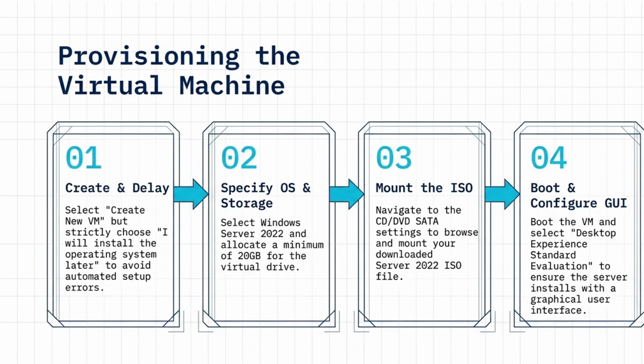Then you can mount your ISO in the CD/DVD settings. It will be there on the GUI as you'll be doing it. Then the fourth step is to boot and select Desktop Experience. Remember the Standard Evaluation for the full GUI experience. If you don't select that one, you just have command line access, and you won't like it as much.